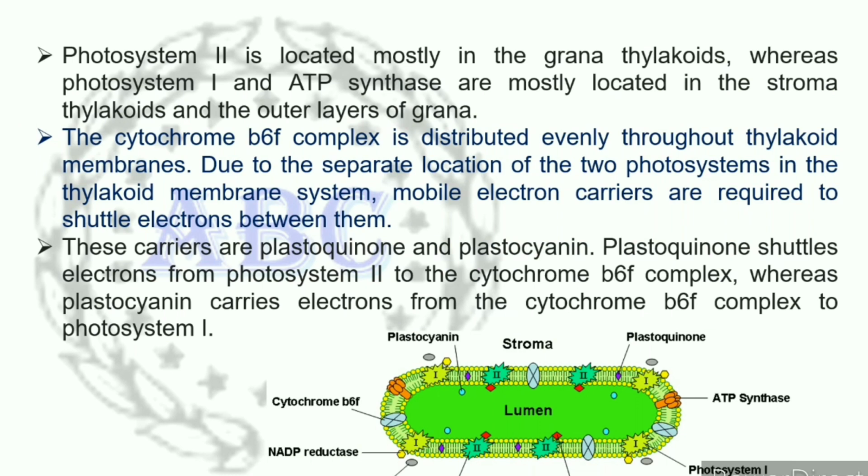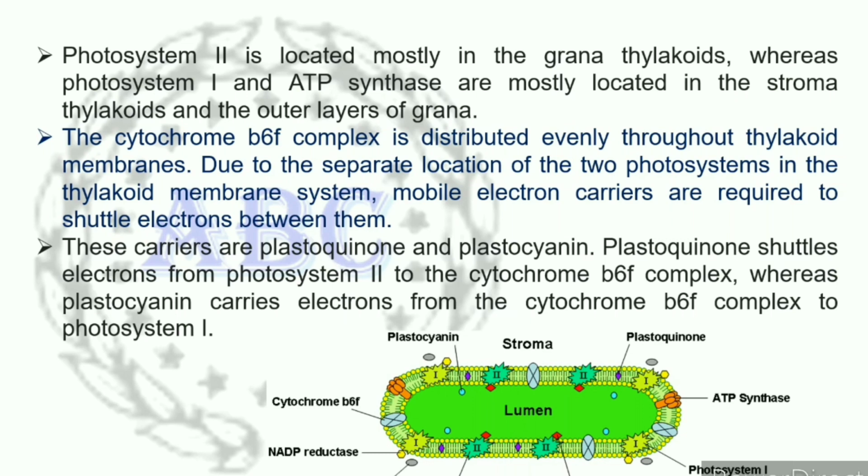Photosystem II is located mostly in the grana thylakoids, whereas photosystem I and ATP synthase are mostly located in the stroma thylakoids and in the outer layer of grana. The cytochrome b6f complex is distributed evenly throughout the thylakoid membranes.